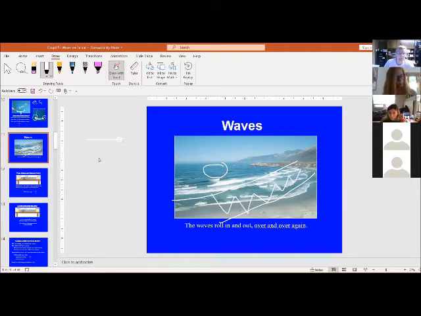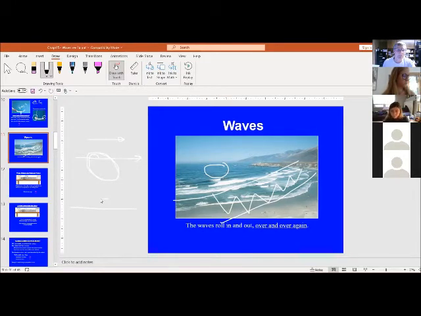Now you can make the argument that the water molecules actually do move. They move in a circular pattern like this as the wave goes. I'm sure you've seen a seagull floating in the water. So from now on, when you see a seagull floating in the water, you're going to think about this course.